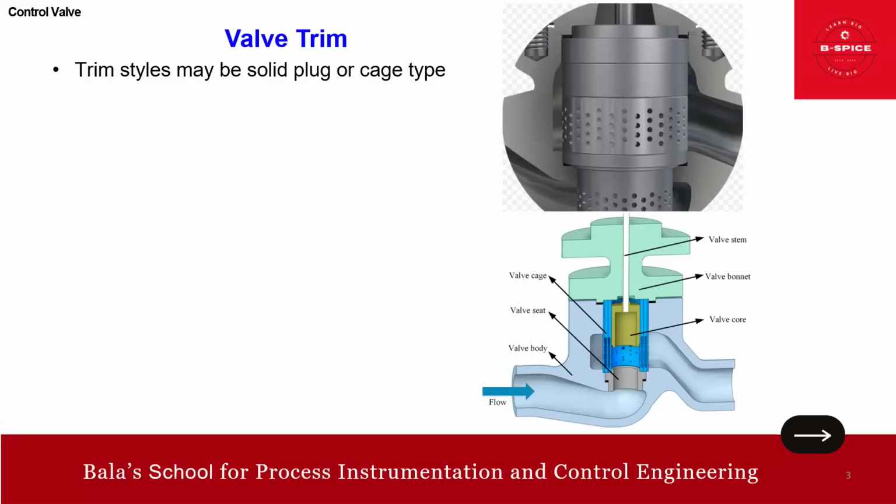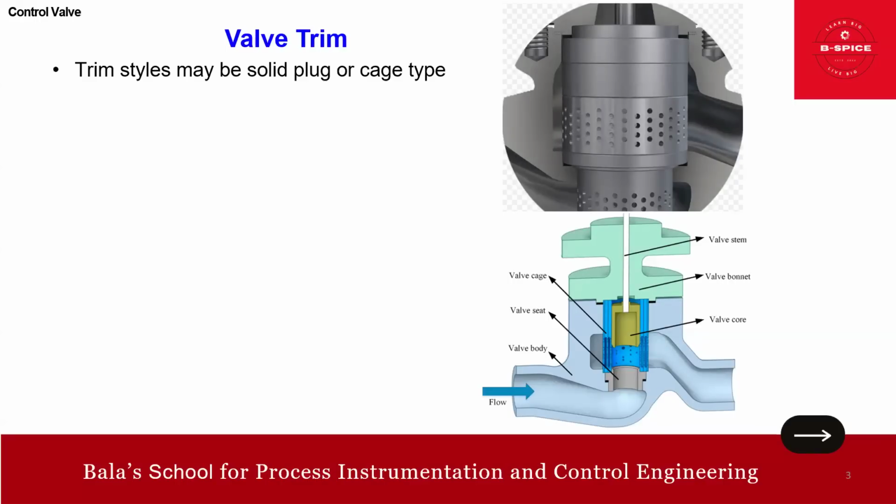And also, there is the modification. Modification in the sense the flow characteristics of the valve can be easily altered by replacing the cage with another having a different size or shape of holes. So that's the advantage. And also from a maintenance point of view, replacing the cage is simpler than replacing the plug in other designs. And of course, we have the balanced plug.